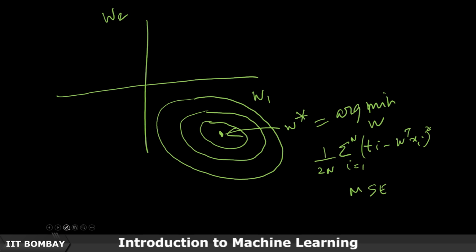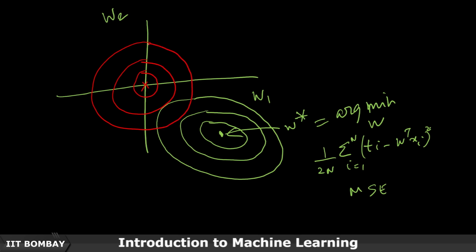Now let's look at the regularizer. The regularizer says that we want to minimize the sum of squares of w's. So when will it be minimized? When we have w equal to 0, at the origin. So its contours will be isotropic circles, centered at the origin.